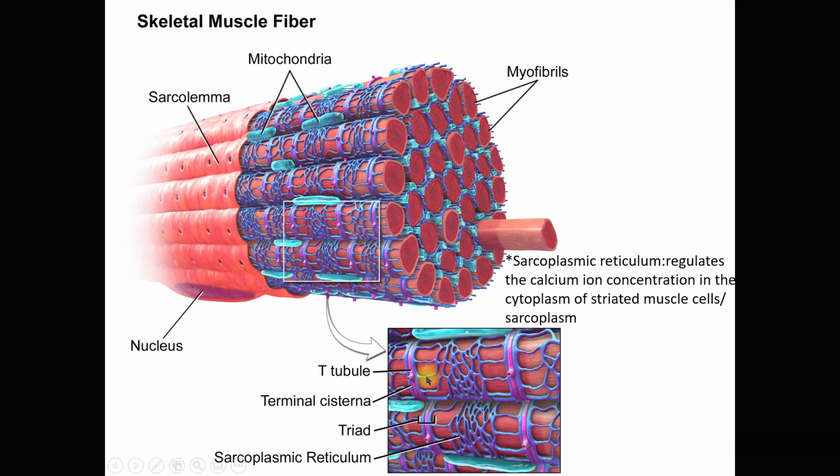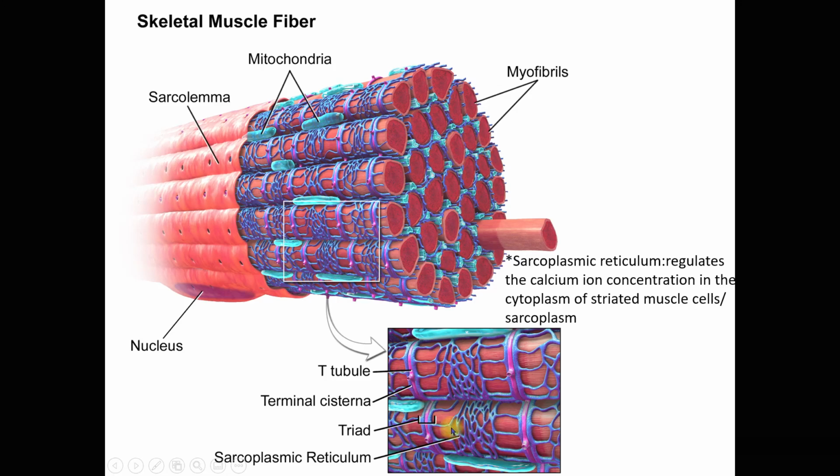Now this is the T tubule. And this T tubule is connected with the terminal cisternae. You can see this terminal cisternae. And two terminal cisternae with one T tubule will make up a triad.